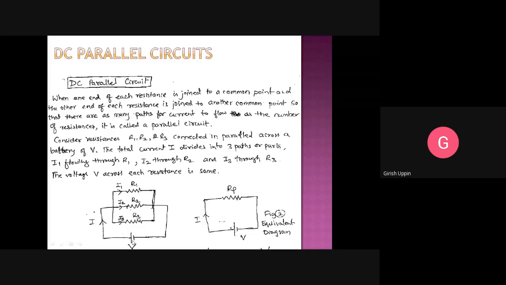Now, by applying Ohm's law to each of those resistors, what is the voltage across R1? Voltage across R1 is V. Therefore, V is equal to I1 into R1, and I1 is equal to V by R1.